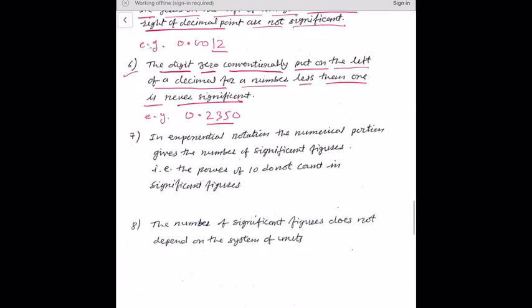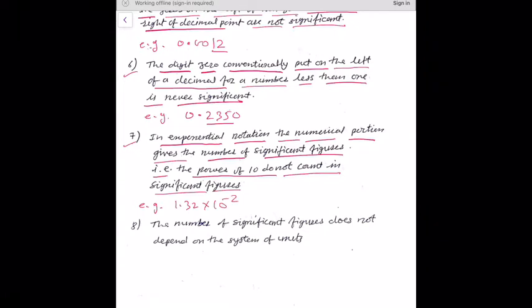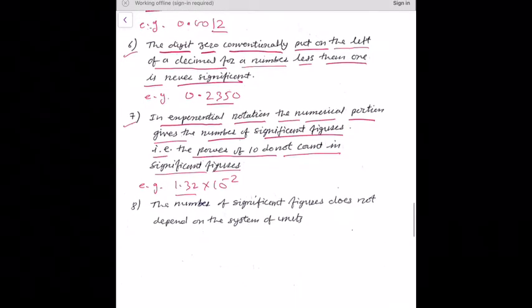Next, seventh, in exponential notation, the numerical portion gives the number of significant figures; that is, the power of 10 does not count in significant figures. For example, 1.32 × 10^-2 has 3 significant figures.